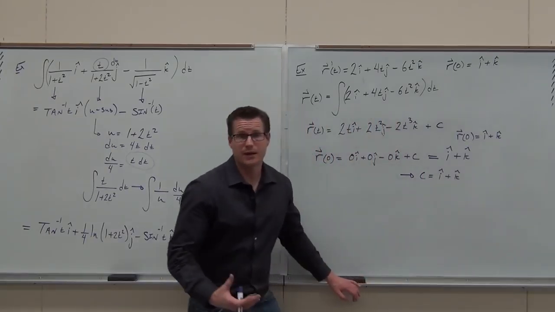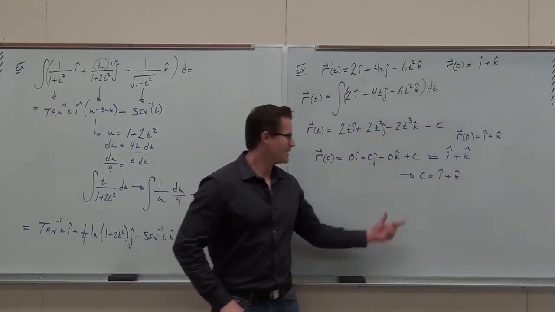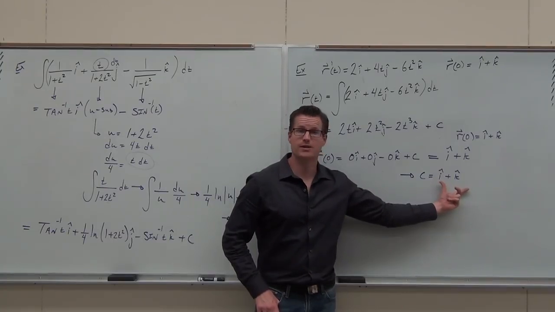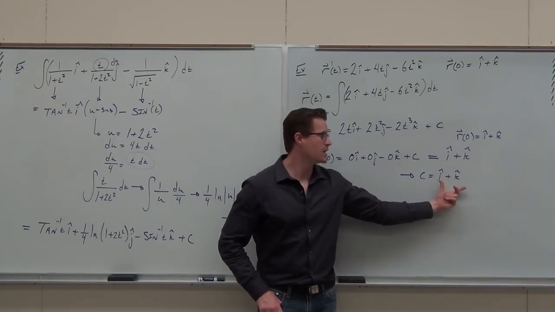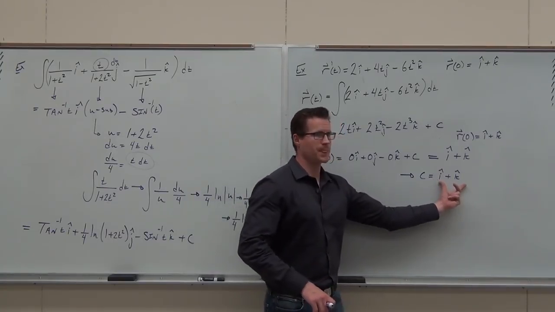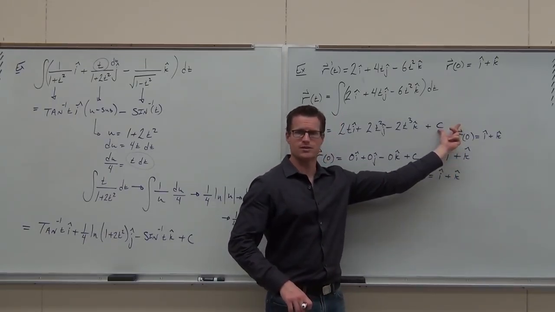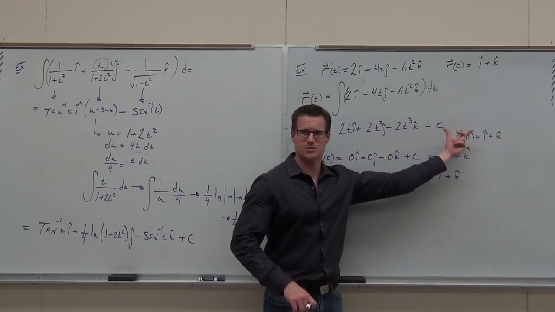c equals the vector. Look at that. Hey, is c a vector? Yes. Is c a constant vector? It's a specific constant vector. We have the plus c now. And just like any other time that you do initial value problems, if we take that plus c and substitute it here for our family of space curves, it no longer gives us a family. It gives us a specific space curve.